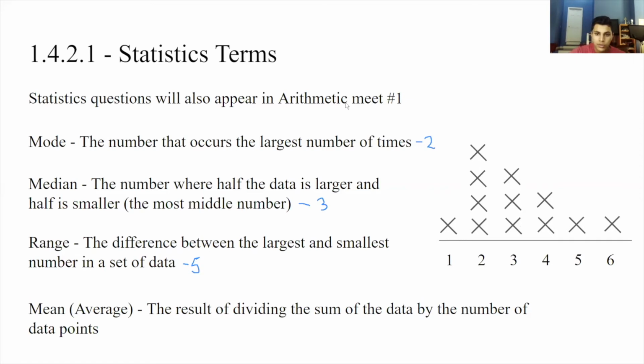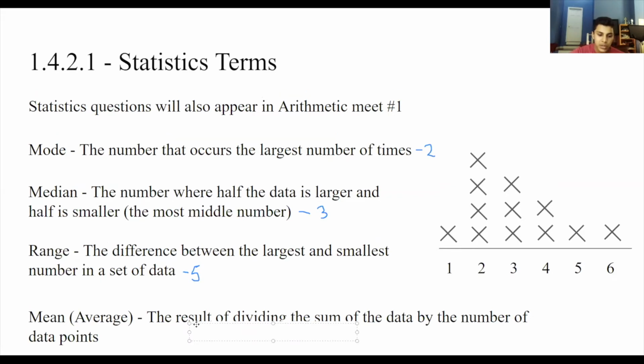So what I would do here is that I would have to find the sum of all of the data. So what that means is I look at the data and I see how many of each number I have. So I have 1, so I add a 1. Then I have 4 2s, so I add 2 4 times. So 1 plus 2 plus 2 plus 2, and then plus 2.